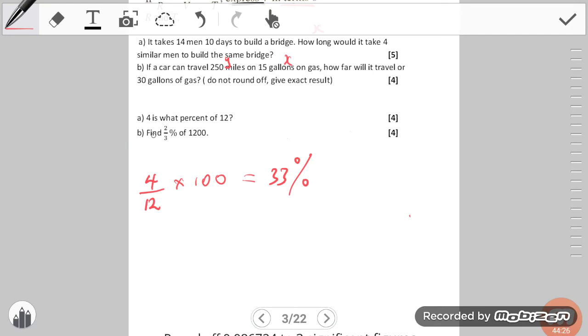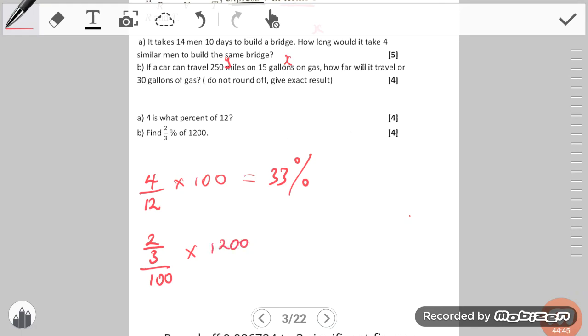And next question here, part B, you are to find 2/3% of 1200. So 2/3%, remember that percentage is out of 100. So 2/3, you've got to also divide it by 100, and you've got to multiply now by 1200.